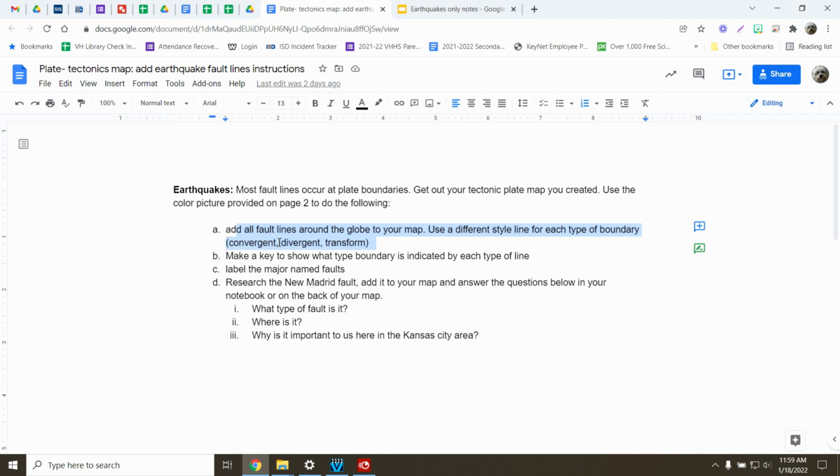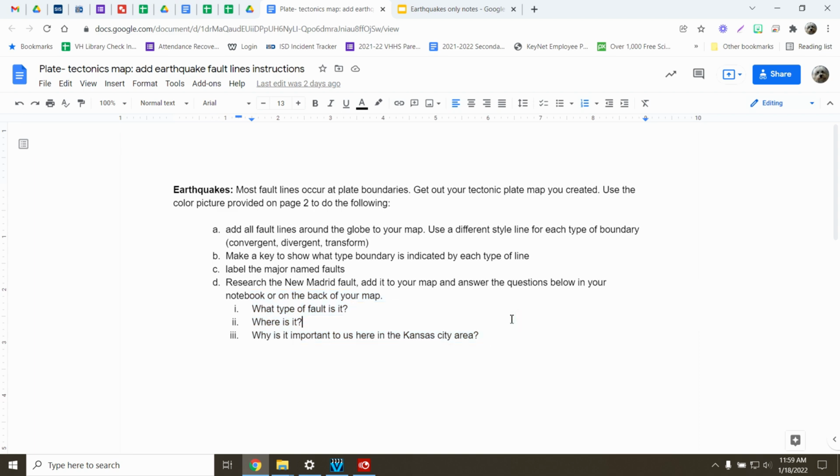So whether it's convergent, divergent, or transform, you're going to make a key on your map, label the major faults, and then research the New Madrid fault, add it to your map, and answer these questions below. These questions are some of the same questions that are on your homework assignment. You're just going to transfer it over from here to there. So there are a couple of extra questions in addition to these on there, but not many.